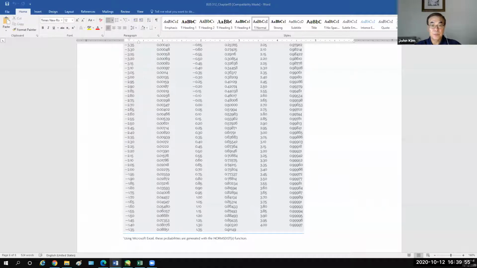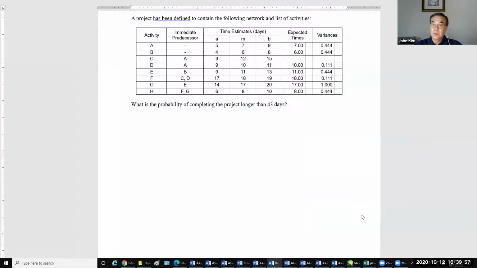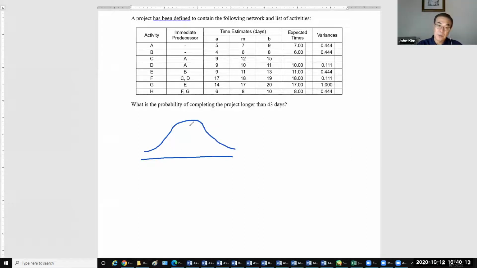So this one is asking for the area on the normal distribution. This is 45 and 43 here. And then longer than, so this area.